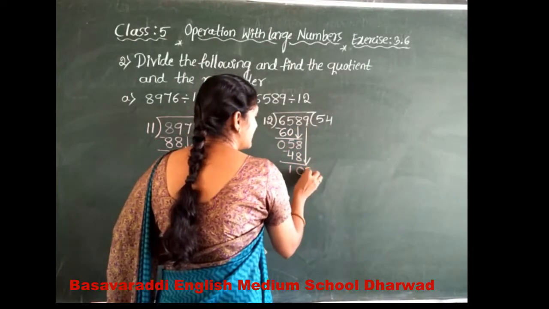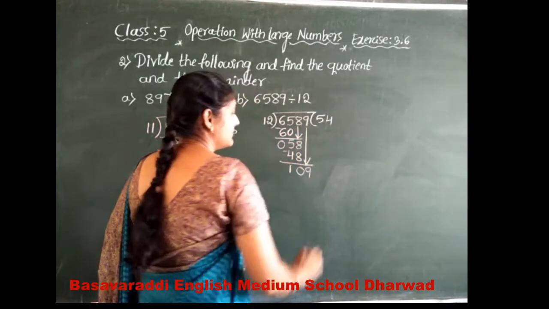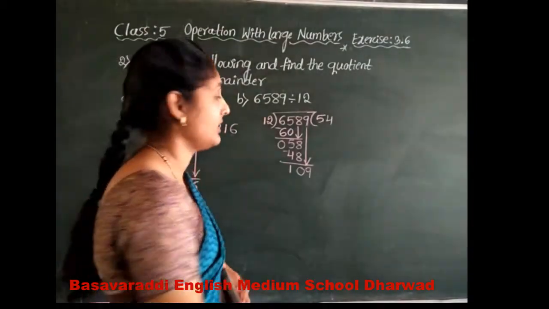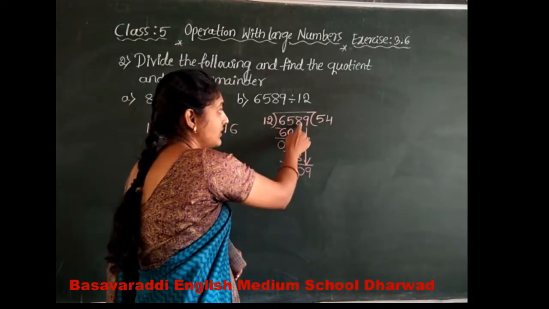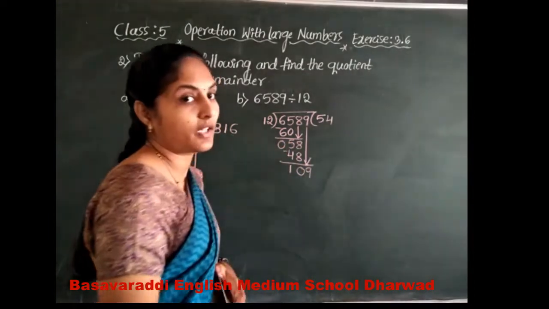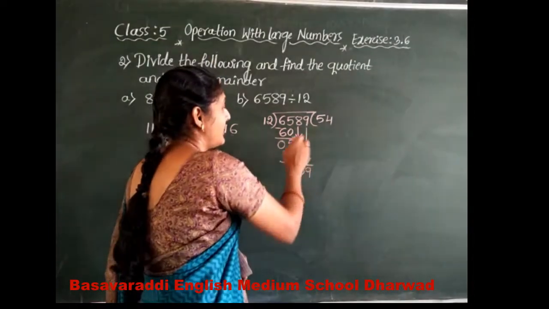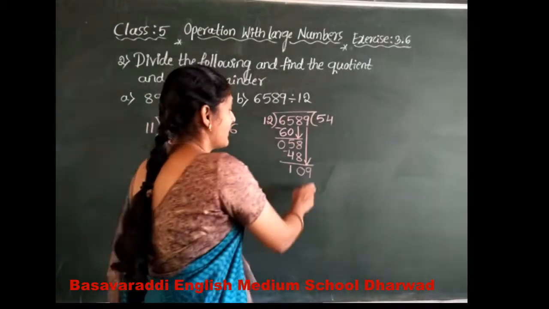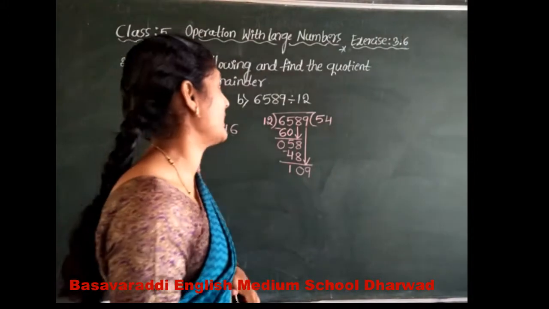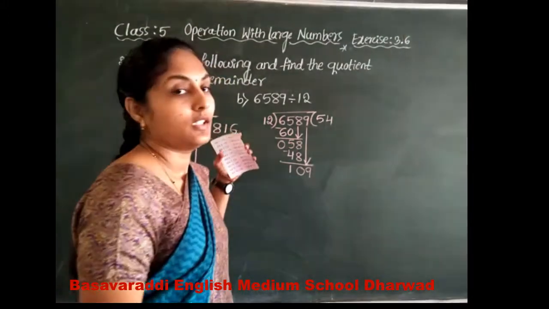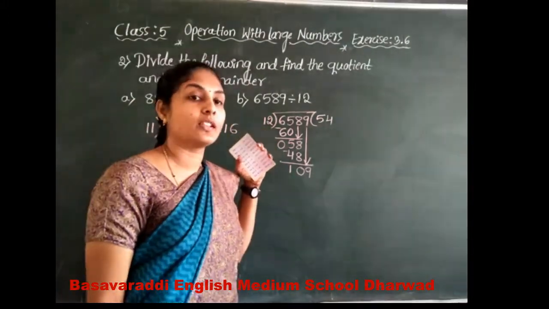Take down the 9. That becomes 109. We club the hundreds place remainder as well as the tens place remainder and bring down the ones place, and after clubbing, that is 109. We have to check if 109 is in the 12 table or not.